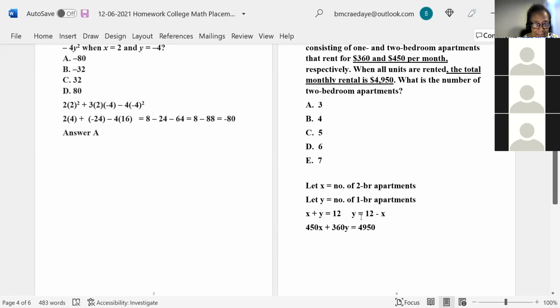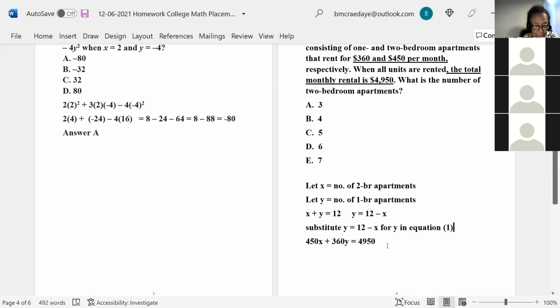Now we can substitute. Y equals 12 minus X, for Y in equation 1.